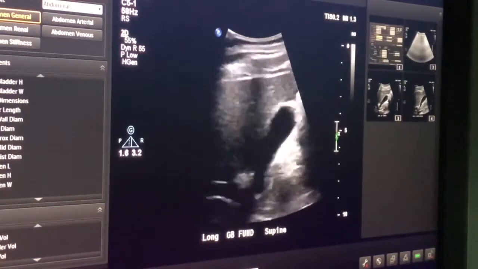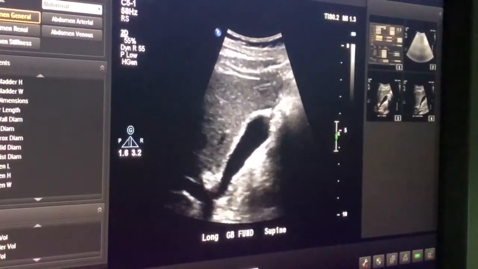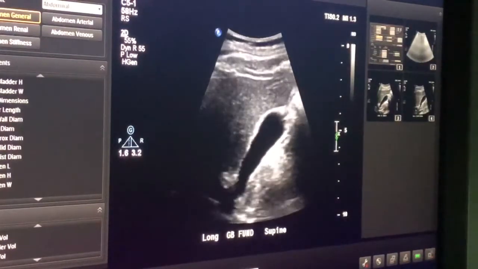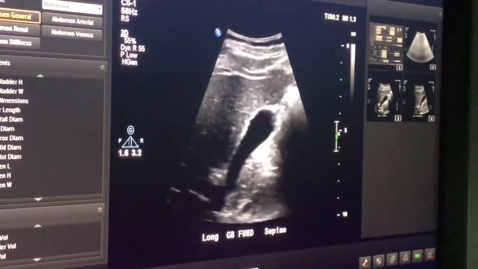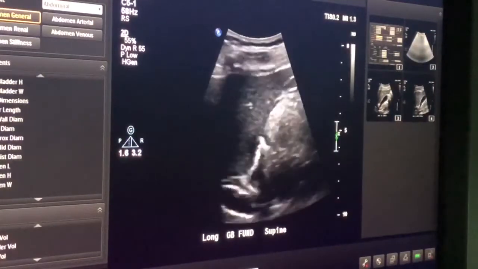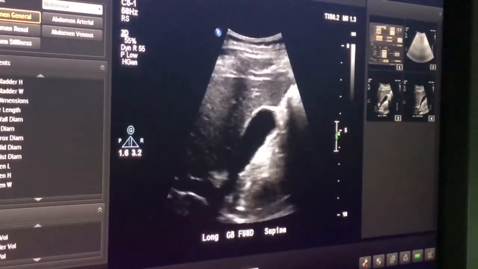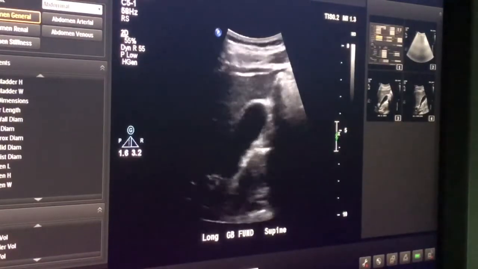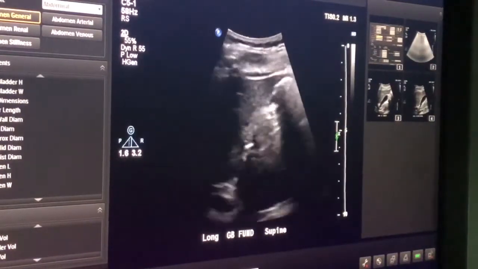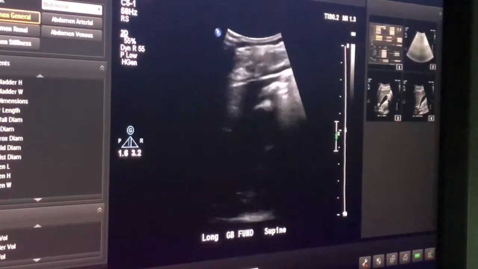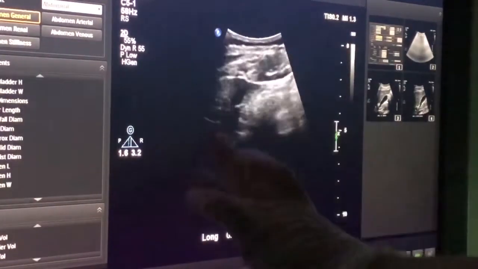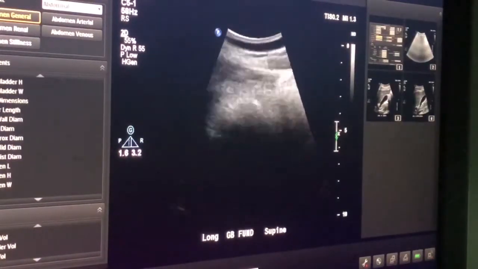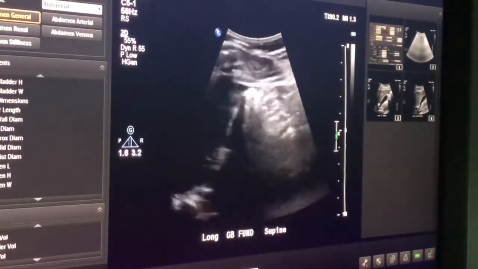Adjusting my focus here. You can breathe, patient. So I had the fundus nicely, but I also want to make sure the liver looks within normal limits. It was looking a little dark because I was actually close to a rib. So I'm going to try that again.